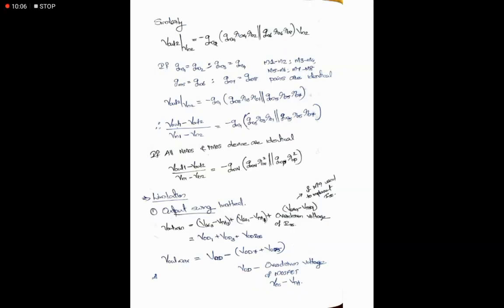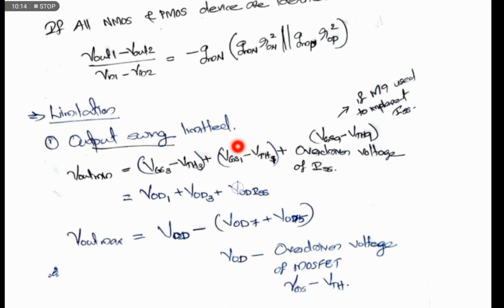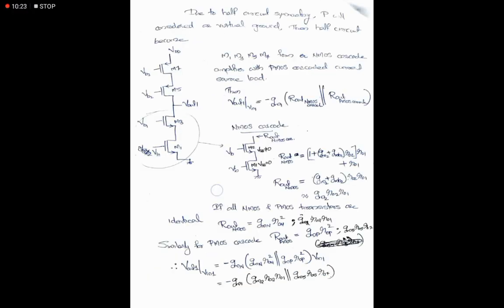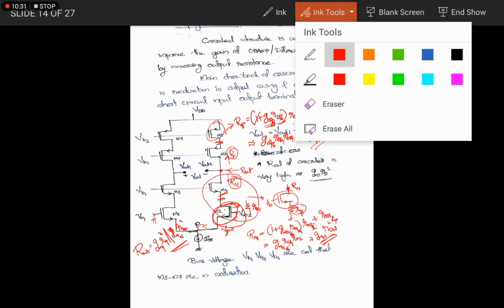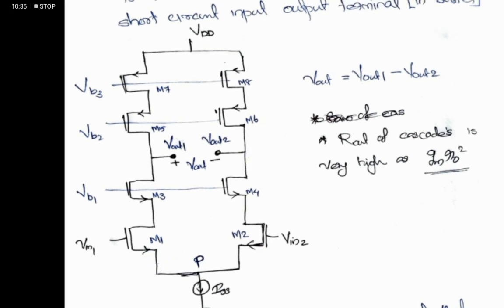Okay. And the major drawback of the cascoded configuration is that output swing is limited. That also we discussed in the previous lecture. Output swing is limited because to keep all the MOSFETs in saturation condition, we need to always follow the condition that VDS must be greater than VGS minus VTH.